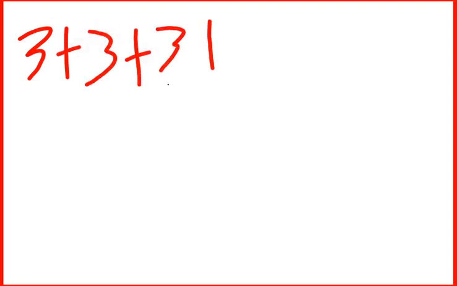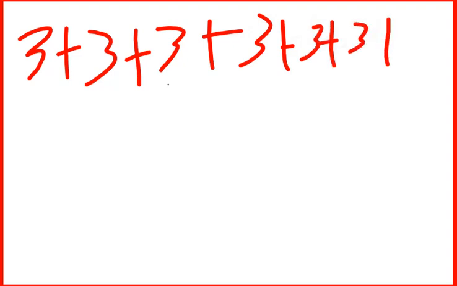For example, instead of writing 3 plus 3 plus 3 plus 3 plus 3 plus 3 plus 3, and you can even hear it yourself, it just sounds tedious and time consuming, honestly.